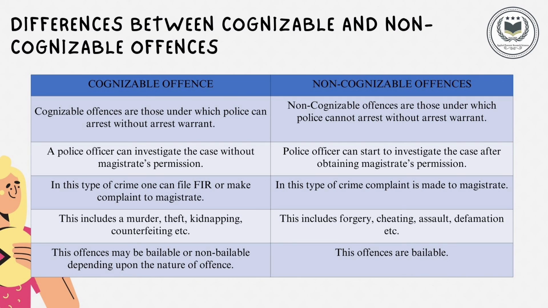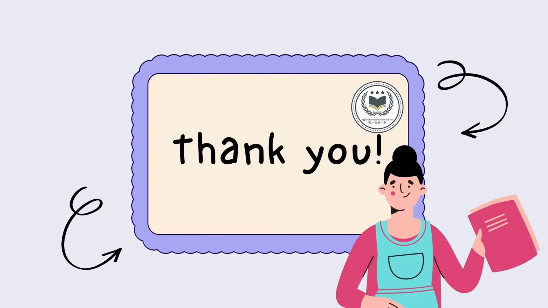In non-cognizable offences, the complaint can be made to the magistrate. Cognizable offences include murder, theft, kidnapping, etc., whereas the non-cognizable offences include forgery, cheating, defamation, etc. The cognizable offences may be bailable or non-bailable depending upon the nature of the offence, whereas the non-cognizable offences are bailable.